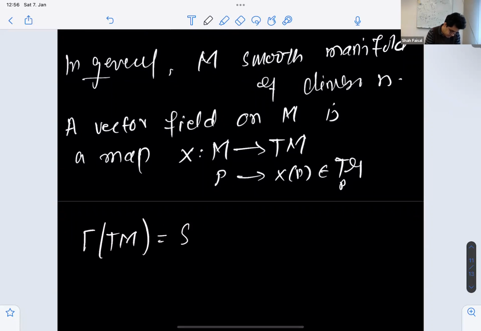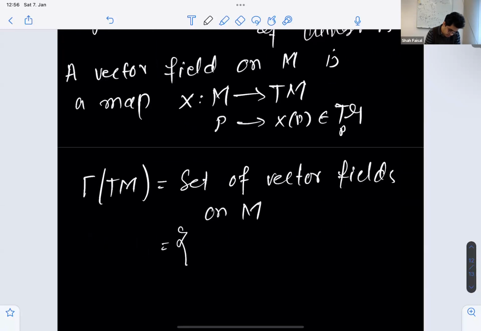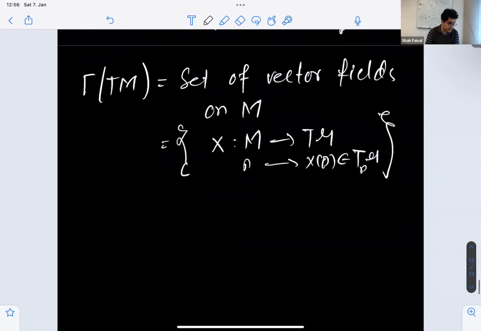So this would be the set of vector fields on M, and that's basically maps from M to TM. Okay, that's the notation. Remember it. It's called sections of the tangent bundle, and that's basically a vector space.